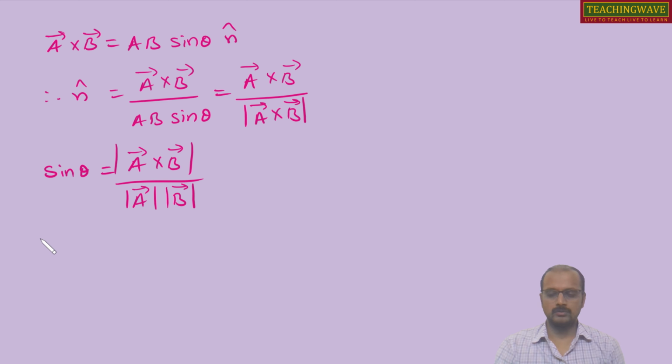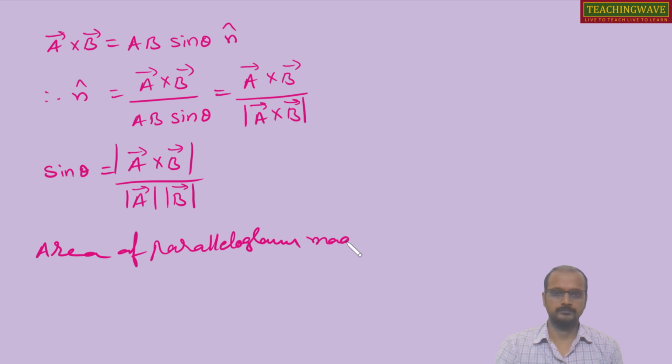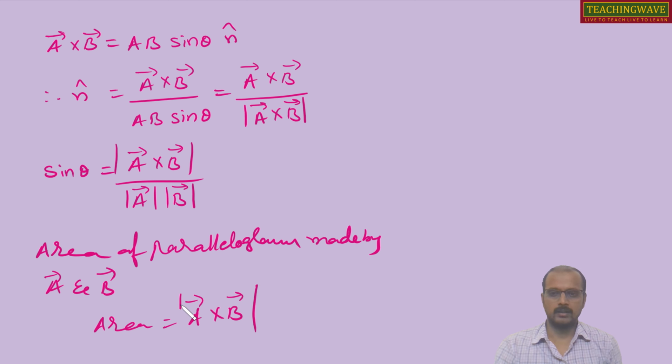Now come to the area of the parallelogram made by any two vectors, that means a bar and b bar. We can write that area as the modulus of a bar cross b bar.